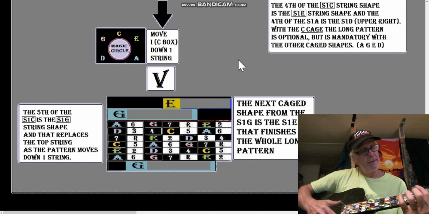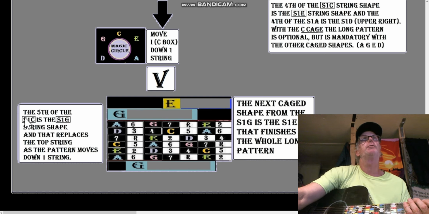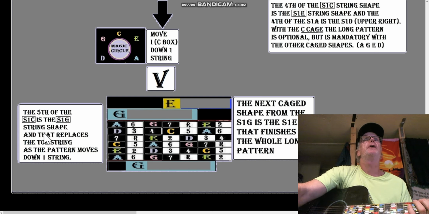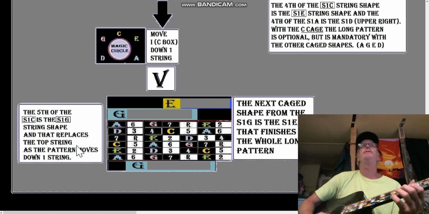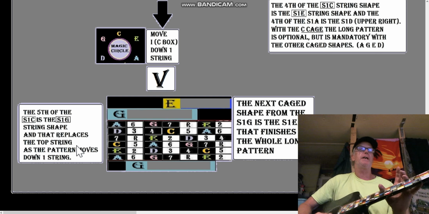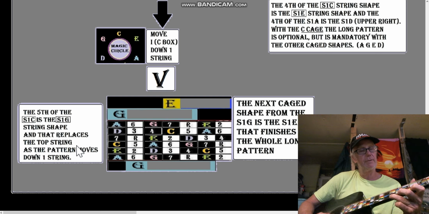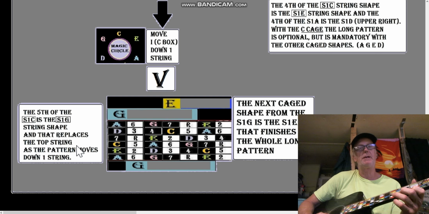Now we're going down to get the G. So there's something else going on here. The fifth of the S1C is the S1G string shape, and that replaces the top string. We're going to the G now, so that top string becomes a G shape, which is 6, 7 root. But we're not going to play that seventh because it's pentatonic. It's just going to be a G-shaped pentatonic.